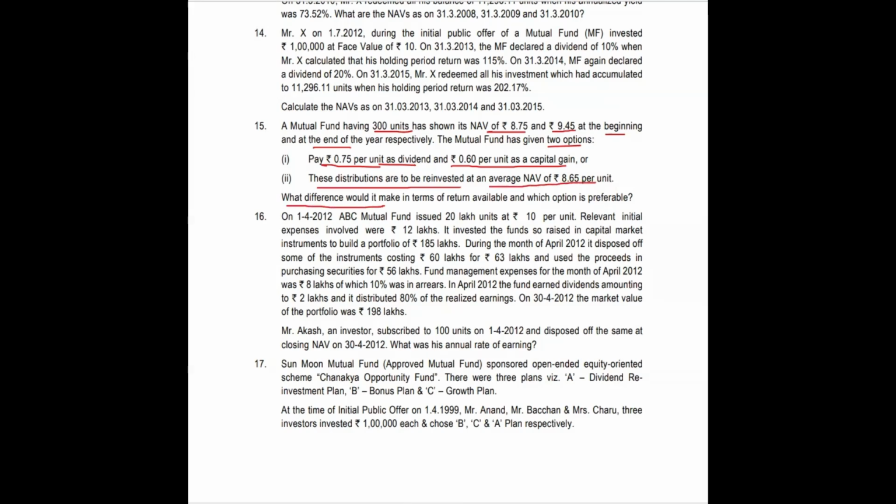What difference would it make in terms of return available and which option is preferable? This is exactly same as question 4 and question 5. Only that we need to calculate the difference between the returns.